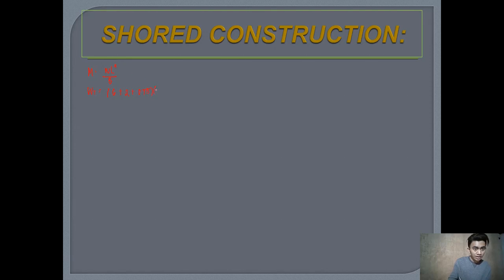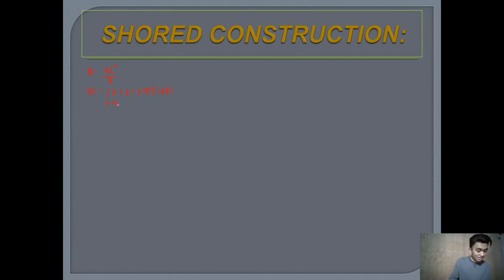So I will multiply this one by the length now of our concrete, which is equal to 1.2 meters. Take note, the span which is given on the problem will be utilized here in computing for the value for M. What else? So the value here now is in kilonewton per meter. I am going to add now the weight of the steel, which is equal to 5 kilonewton per meter.